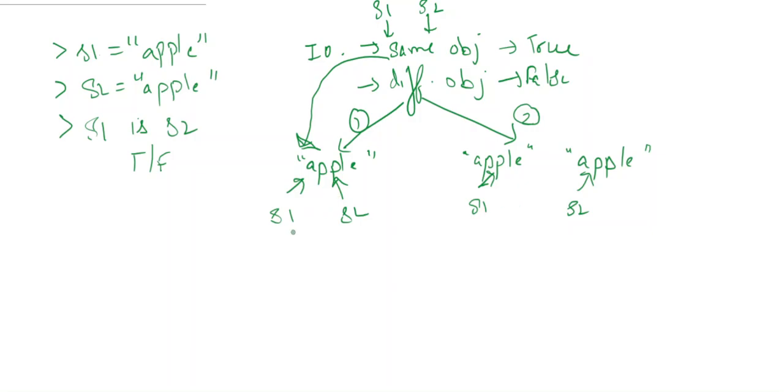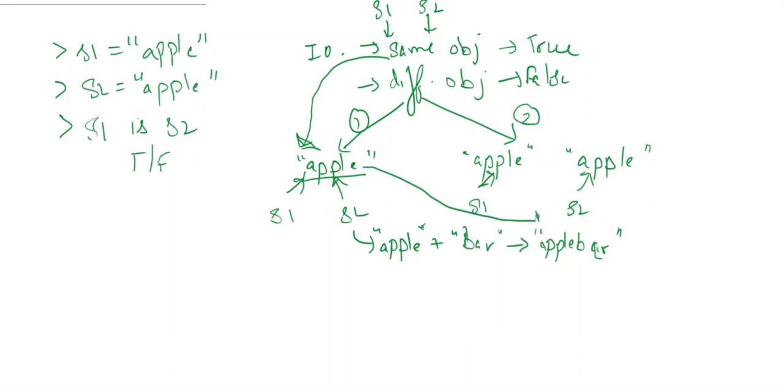Okay. So now, similar to the previous case, we will try to understand: can this change with time? What will happen with this object? Suppose tomorrow s2 has a requirement where it needs to add something to this particular string, suppose it has to add bar, so apple plus bar. This will result in a new string known as applebar. So guys, this is not the same string which is modified. No, this is an altogether different string.